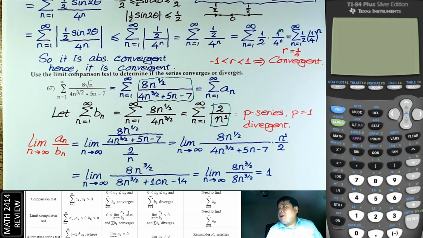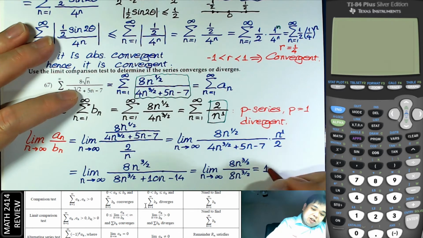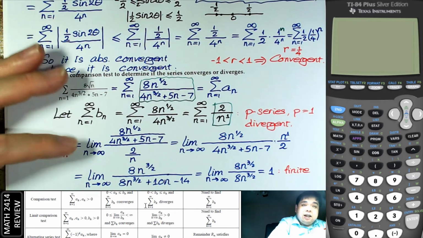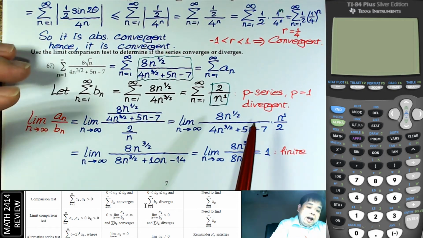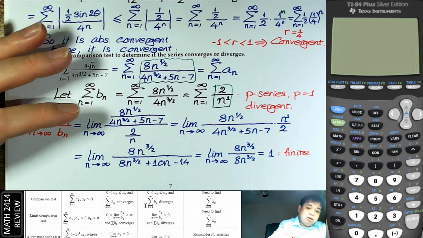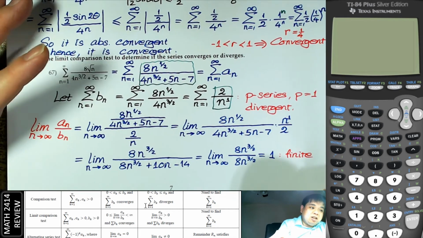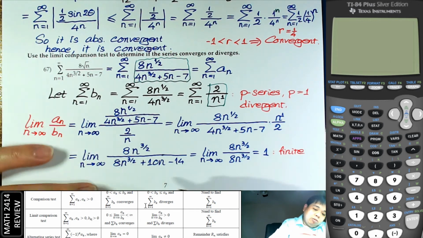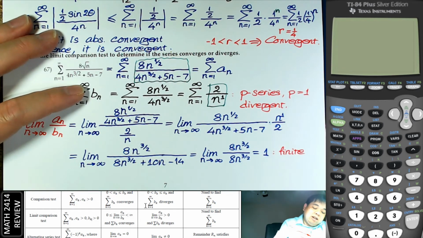Alright, so the limit comparison test. If the ratio is anywhere from 0 to infinity, meaning it is finite, then a sub n and b sub n behave the same. If the limit equals 1, the behavior of a sub n and b sub n will be the same.